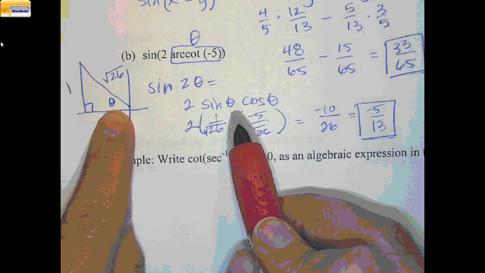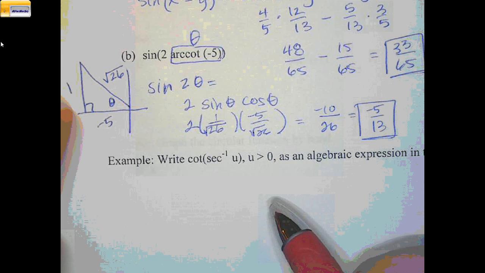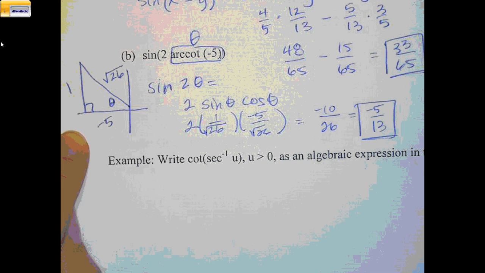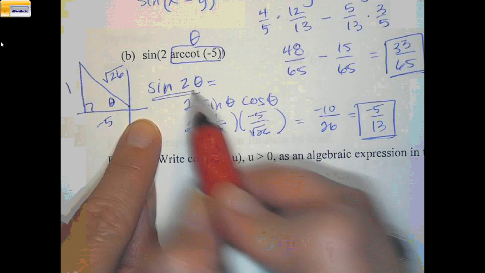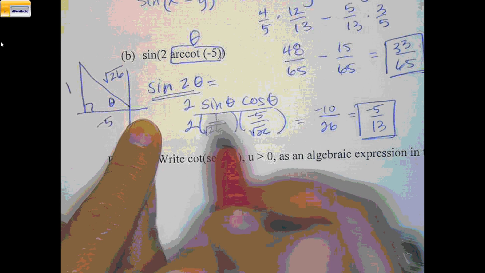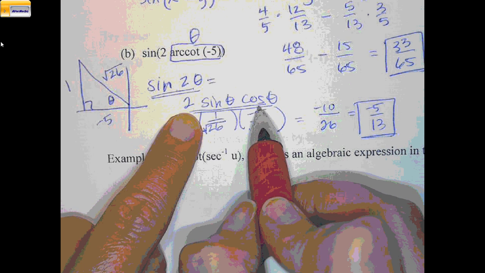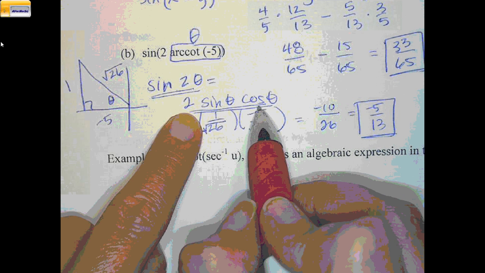Do you know where this came from, the triangle? Yeah. Okay. Do you know where this came from? That's an identity. That's why. This equals this on your pink sheet. Okay. So can you handle the rest?